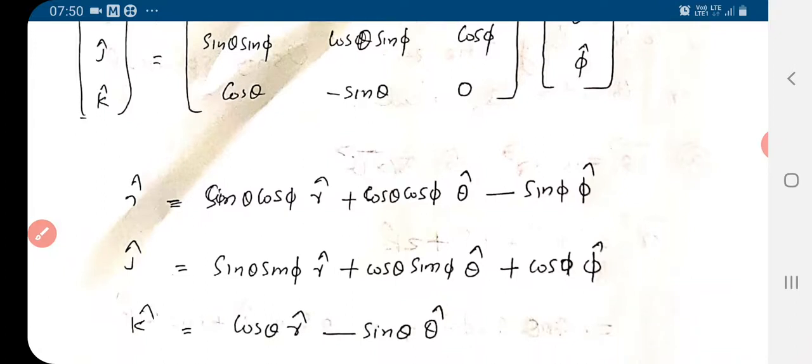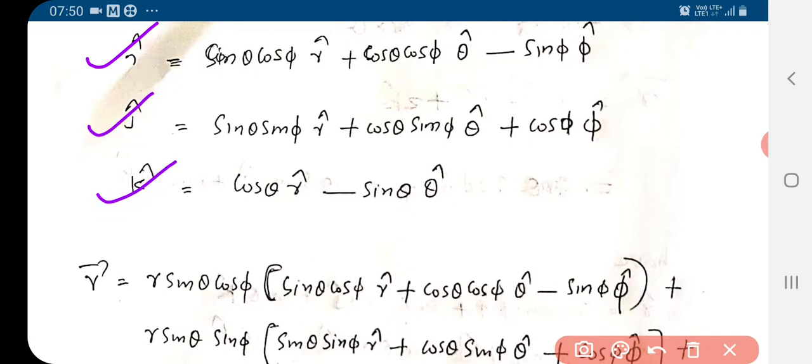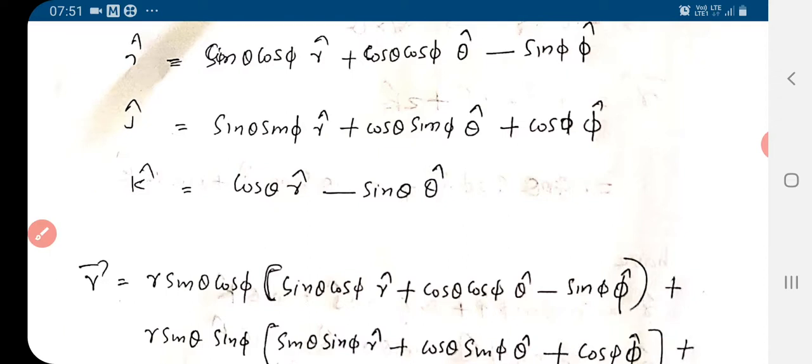j we can write like this. k also can be written like this. Now we know j, and we know k. So we substitute there for the position vector r. For i, we substitute sin theta cos phi unit vector r, cos theta cos phi unit vector theta, minus sin phi unit vector phi. Similarly, for j we substitute this, for k we substitute this.